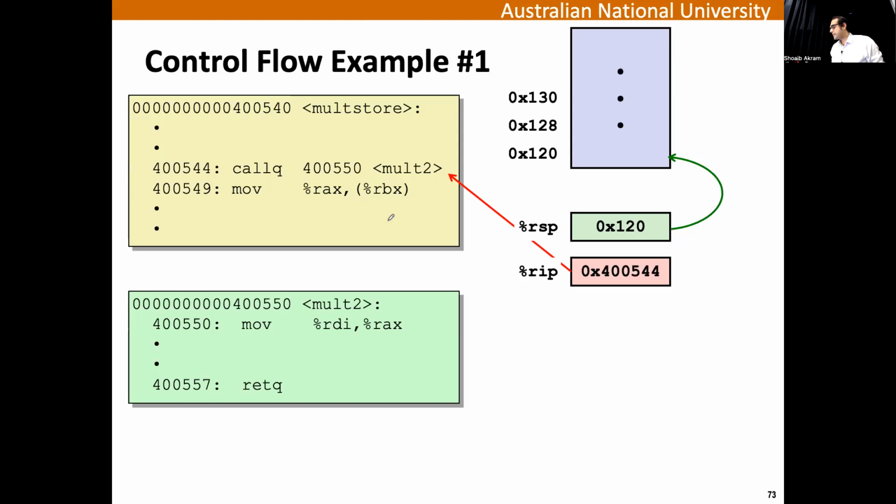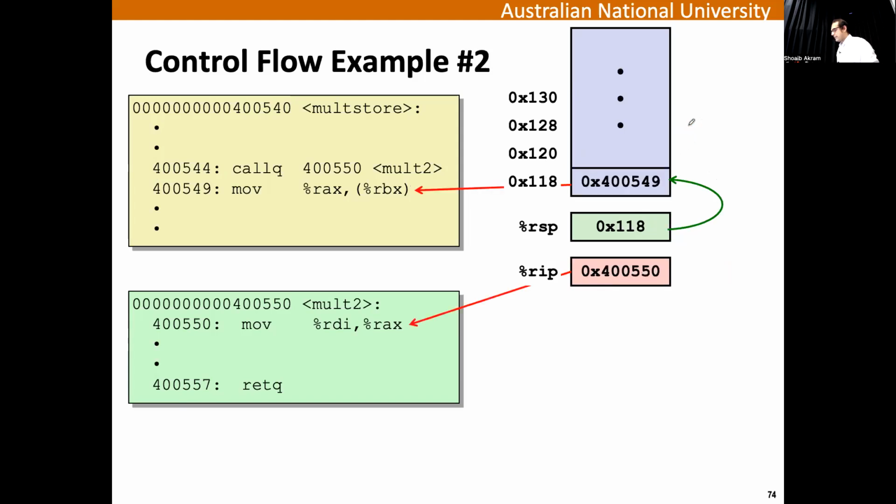So here, instruction pointer at this point contains the address of the instruction it's executing. Once again, this is like the program counter. And the stack pointer points here. After the call, the stack pointer pushes the return address on top of the stack.